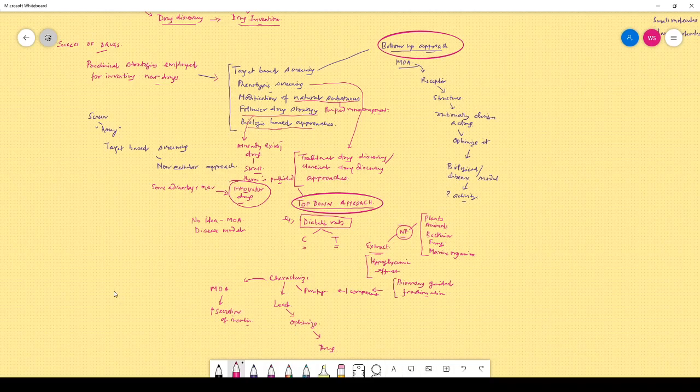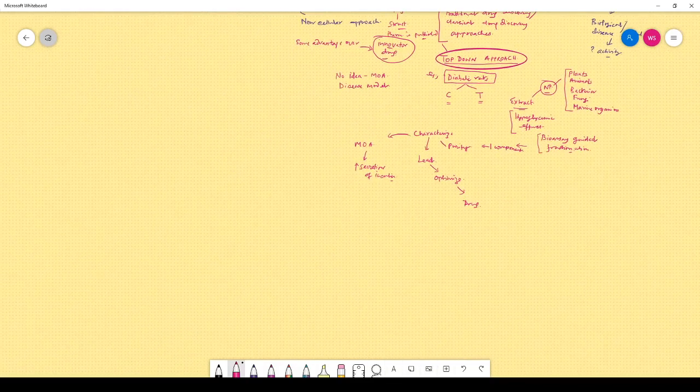Okay, so now let's come to a little bit of economics. Economics and time. Okay. So currently, drug discovery costs about 3.6 billion US dollars.